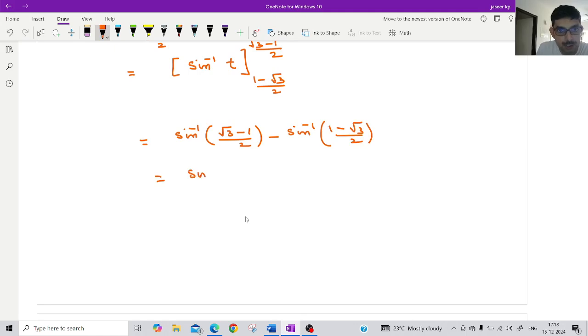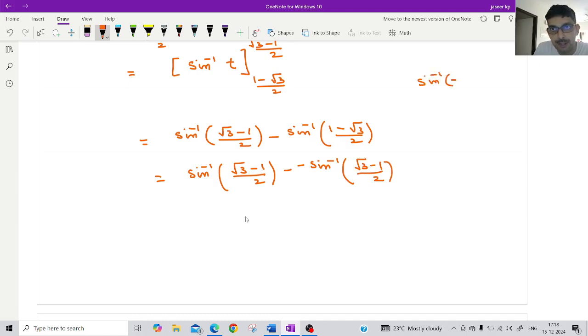But sin inverse of minus x, so this can be written as minus of minus sin inverse of root 3 minus 1 by 2, because sin inverse of minus x equals minus sin inverse of x. So that means the answer will come as 2 times sin inverse of root 3 minus 1 by 2. So this is the answer.